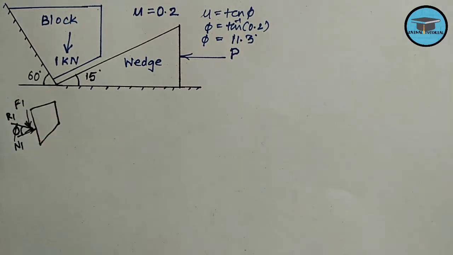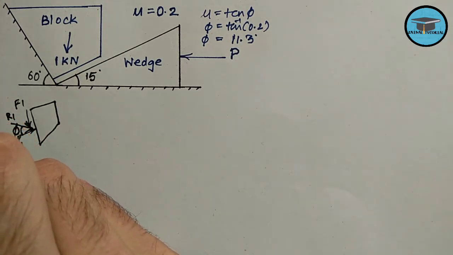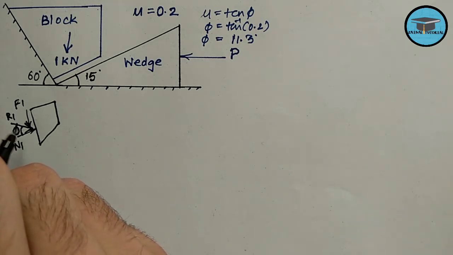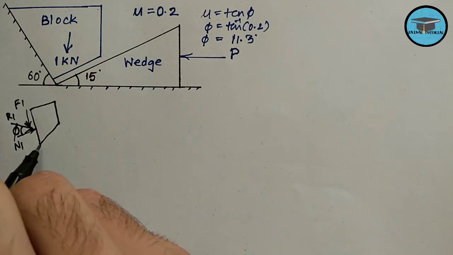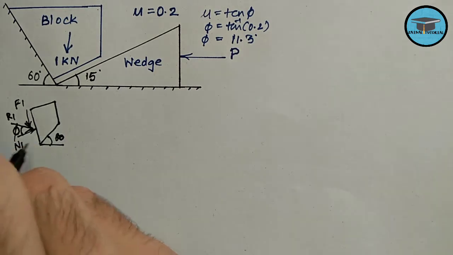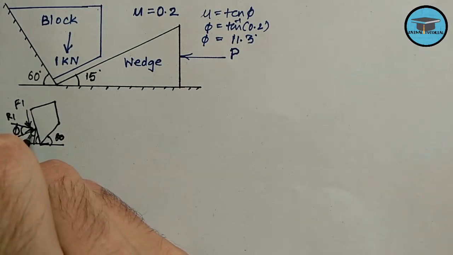Also, this R1 would be making an angle of 18.7 degrees with the horizontal, which we can easily determine from the geometry. As this angle is given as 60 degrees, this angle would also be 60 degrees only.